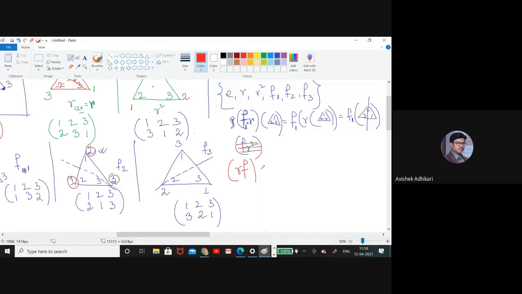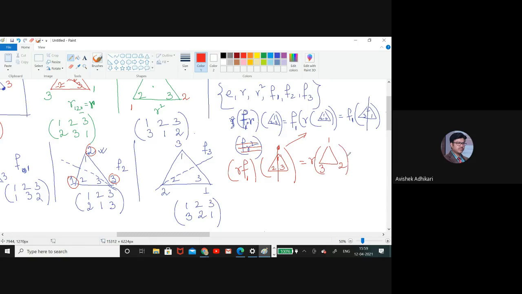Can anybody tell me what is RF of 1, 2, 3? Exactly the same way, can somebody write it down? What is RF of 1, 2, 3? So you can put 1 here. Same way. So initially I will do, it was F1 first. That means R of 1 will remain the same, and here it will have 2, and here it will have 3.